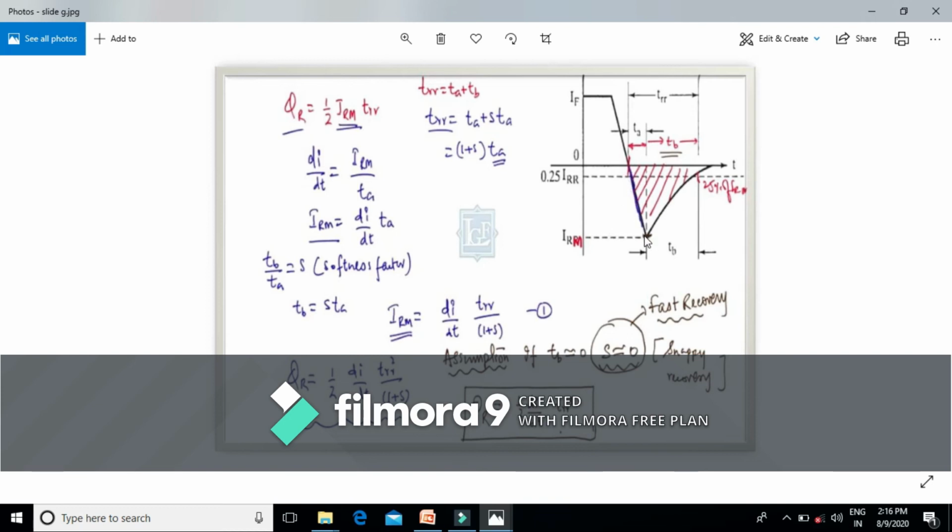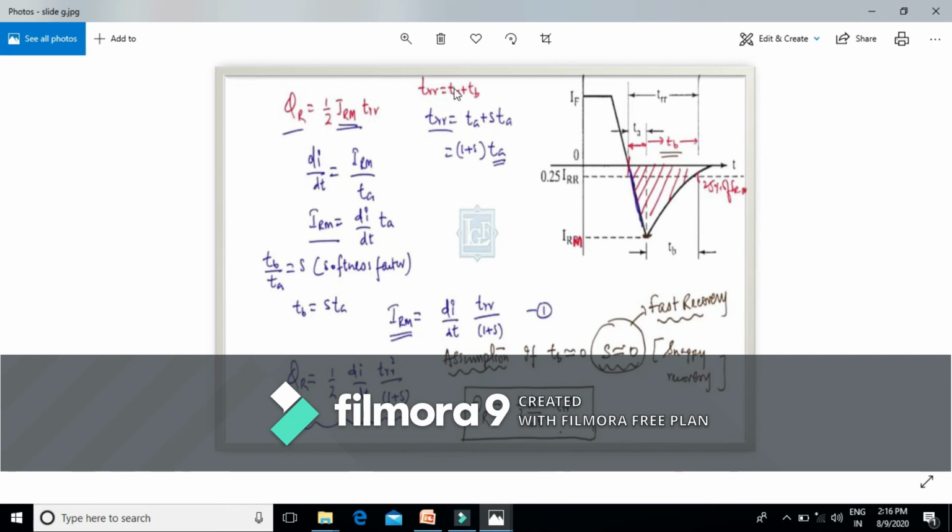The slope di by dt can be represented as the perpendicular upon base, that is IRM divided by TA. Here TRR is basically equal to TA plus TB.